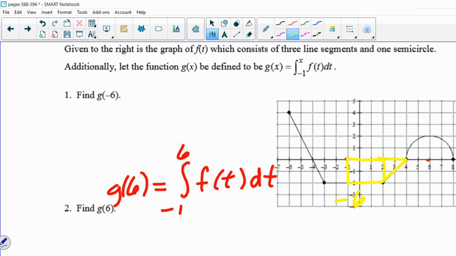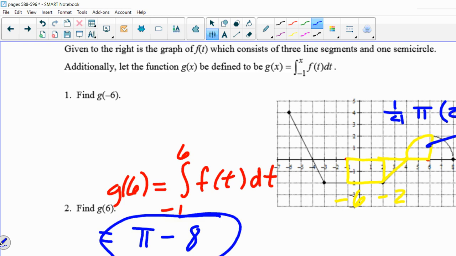This is half of a 2 by 2, so that's 2, but it's below the x-axis. And then here, it's a fourth of that circle, 1/4 of pi times the radius squared. So it looks to me like that's pi. Is that pi minus 8? I like doing these problems. I think they're kind of cool.